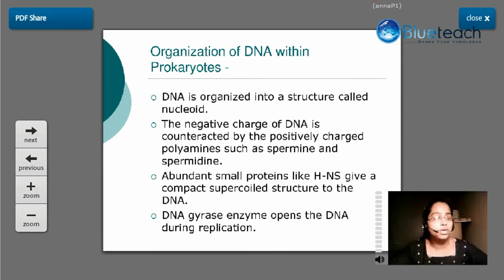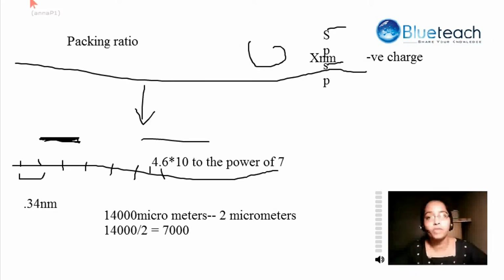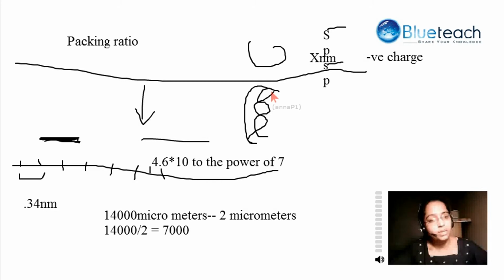We know that DNA is arranged in the form of a double helical structure. So DNA has a double helical structure, and it is quite intricately compact. That is, in the case of prokaryotes, the polyamines and the small proteins like HNS all try to give a very compact structure to it, and the DNA gyrase is the enzyme which opens up and separates the DNA.